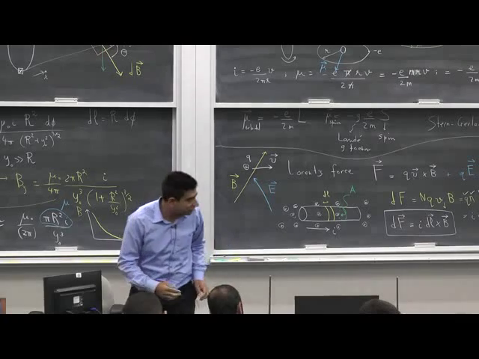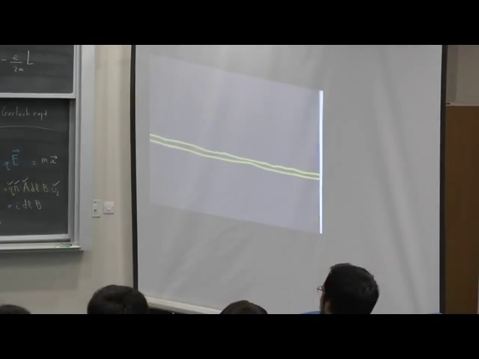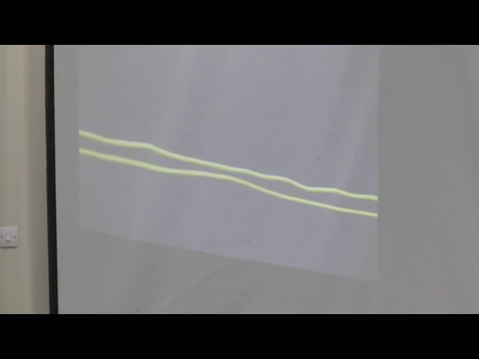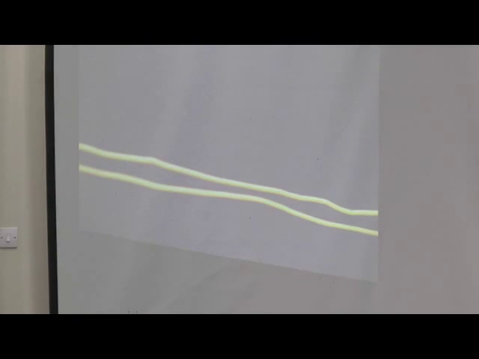What I'm going to try to show you now is whether these wires would actually come together. It's going to be a really small effect. Tinily small. So let's see if it works.